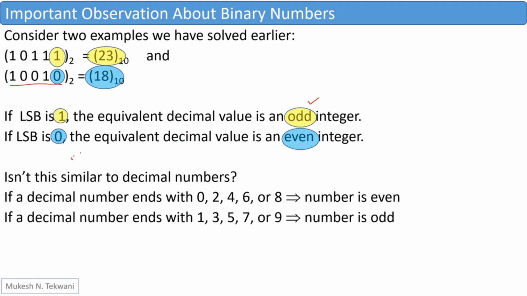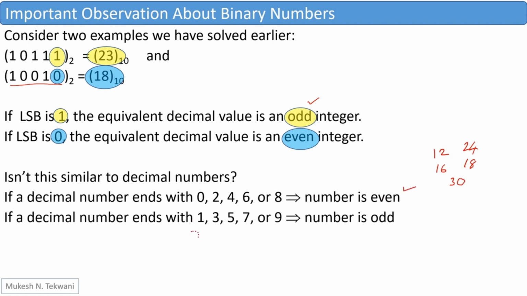Now this, you will realize, is somewhat similar to what happens in the decimal numbers. We know that any number which ends with 0, 2, 4, 6 or 8 is an even number. So for example, numbers like 12, 16 or maybe 24, 18, 30, all numbers ending with 2, 4, 6, 8 or 0 we say are even numbers.